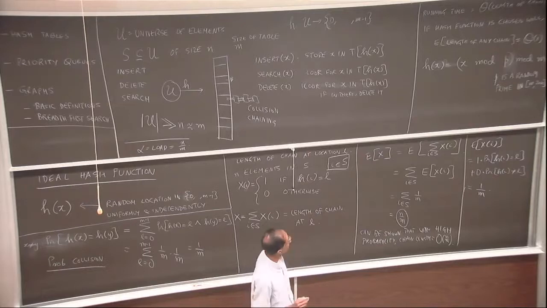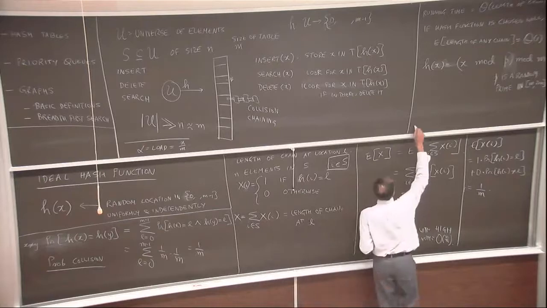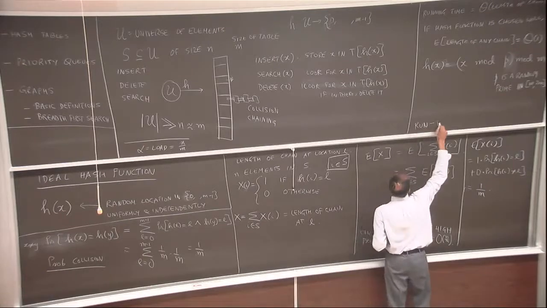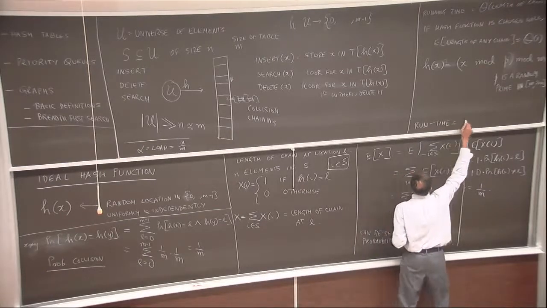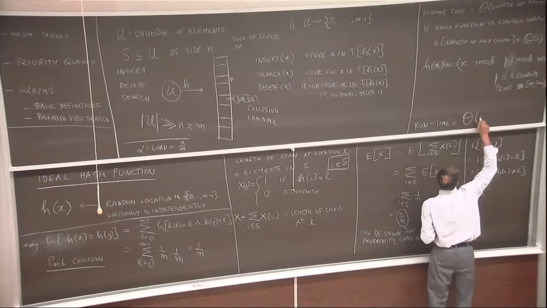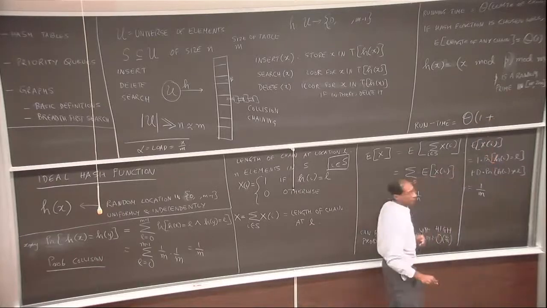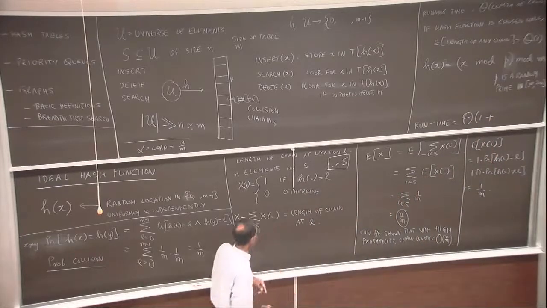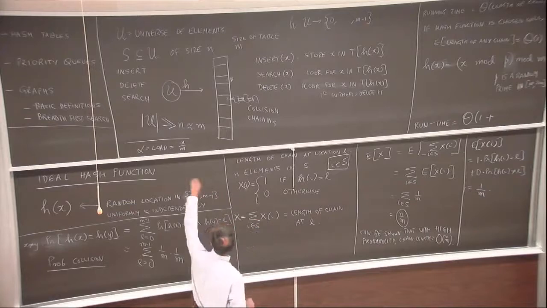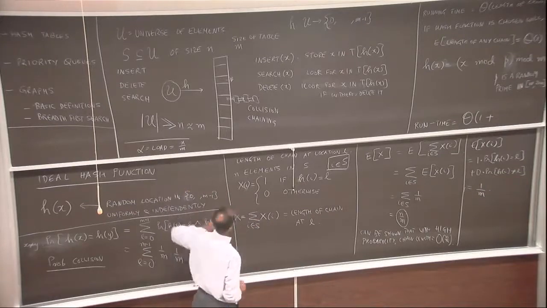So I should have written the running time to be 1 plus the length of the chain. Run time is theta of 1 plus the length of the chain. And the length of the chain we have now determined, on expectation, is the average, the load.